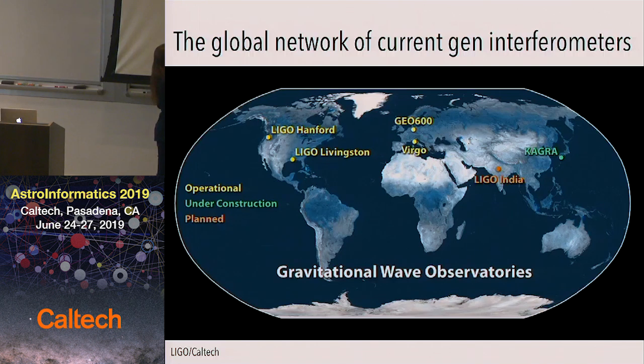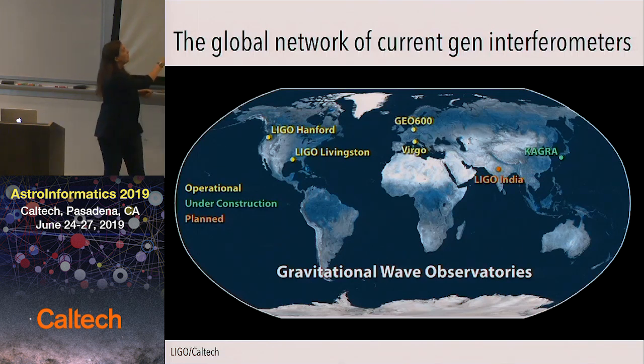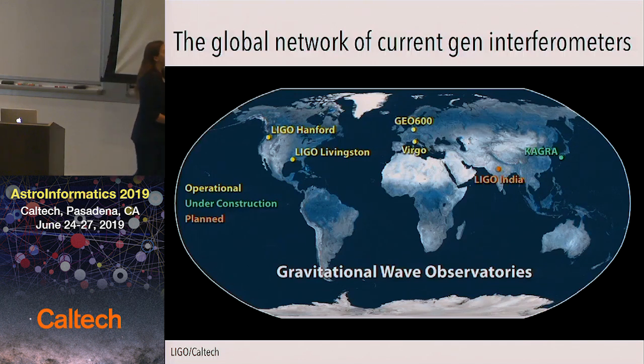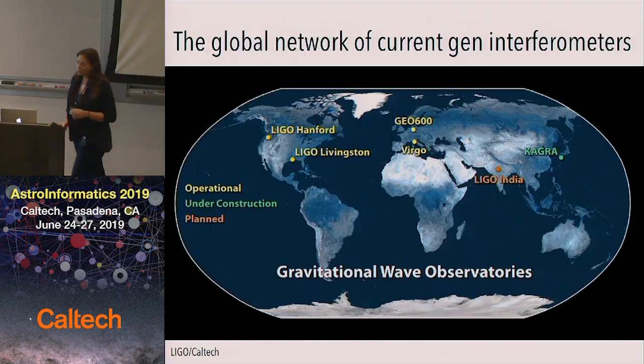The 600-meter detector GEO in Germany. We have LIGO India. I think I need to actually change this from planned to under construction. That should be coming online in about 2025 at design sensitivity. And then also KAGRA. This is a cryogenic underground 3-kilometer gravitational wave detector in Japan.